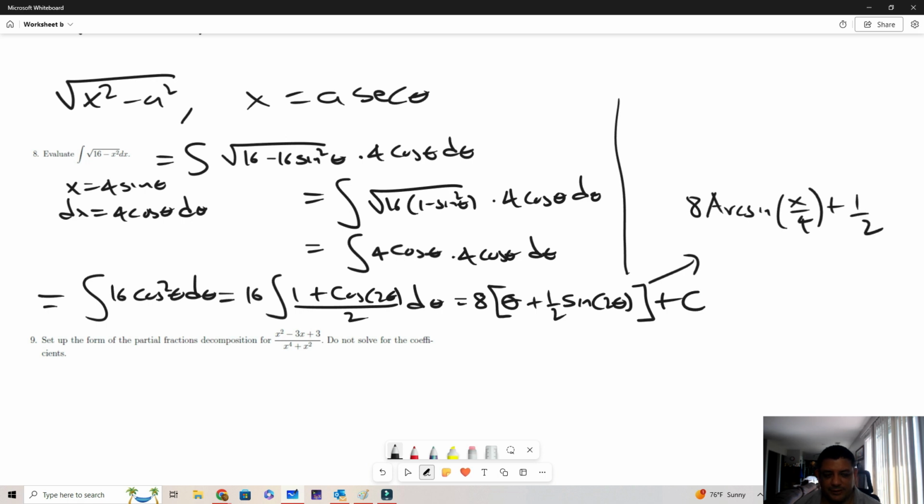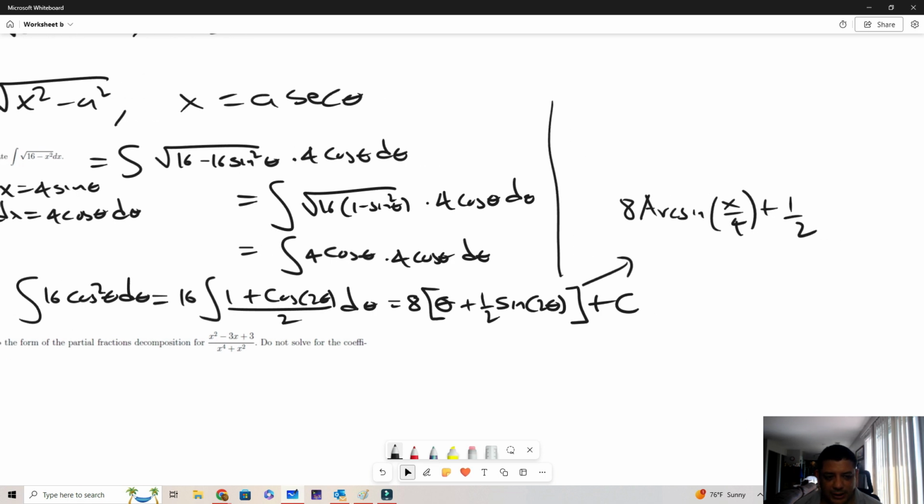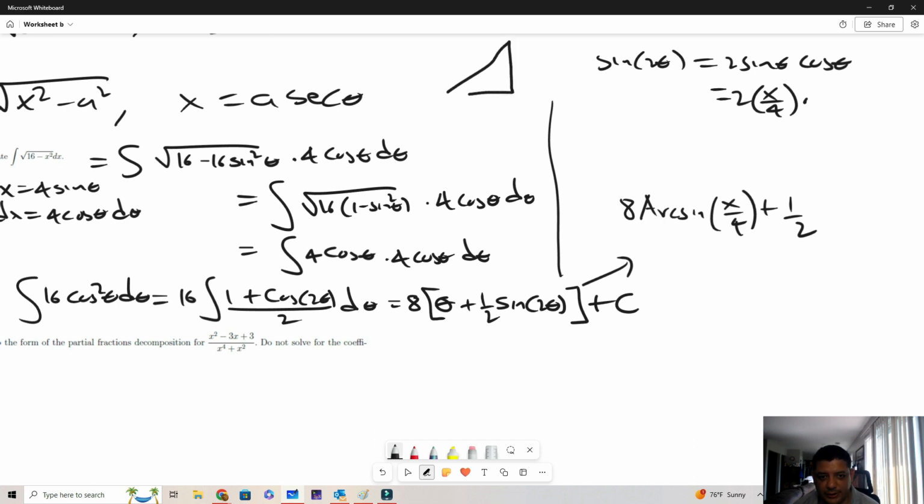We want to know what the sine of 2 theta is. Sine of 2 theta we can see as 2 sine of theta cosine of theta, and we know that sine of theta is x over 4, so this is like 2x over 4, and then the cosine of theta is something that we get from the triangle.